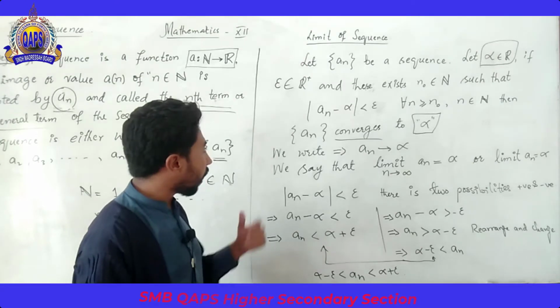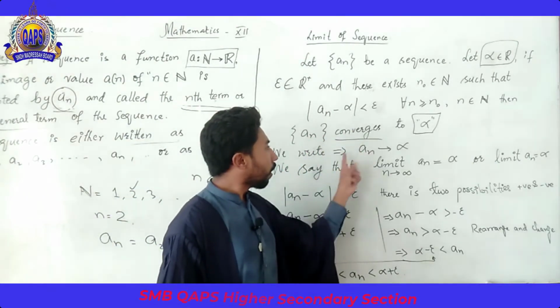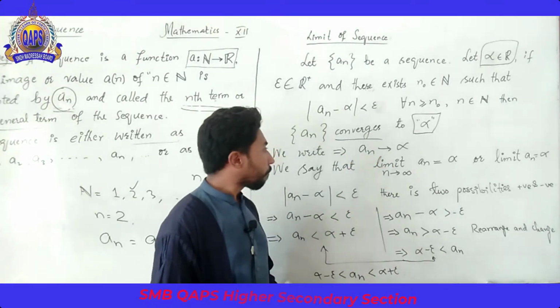So how can we say this general term in the limit sense? Here a_n approaches alpha.